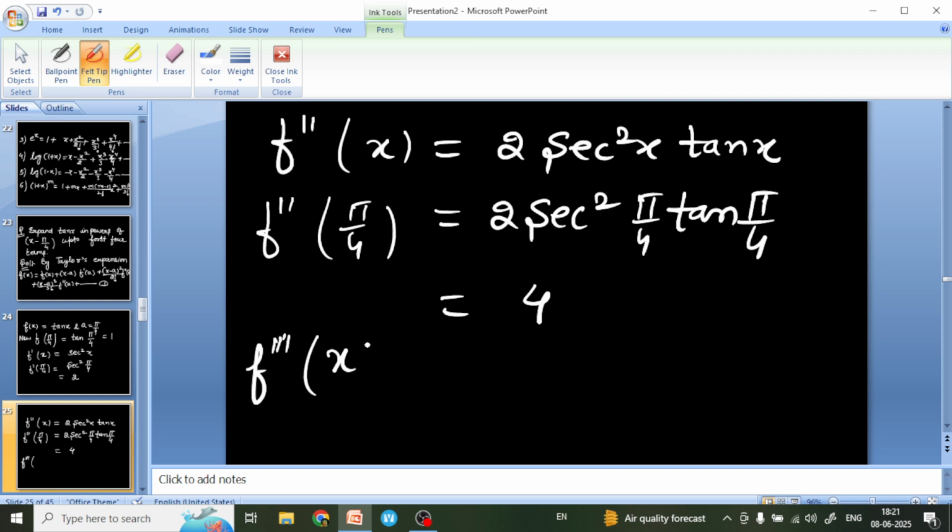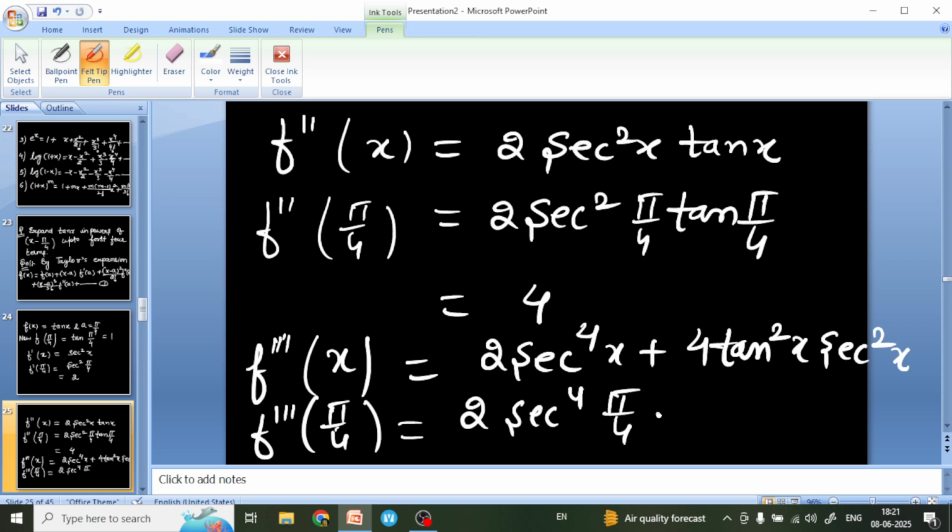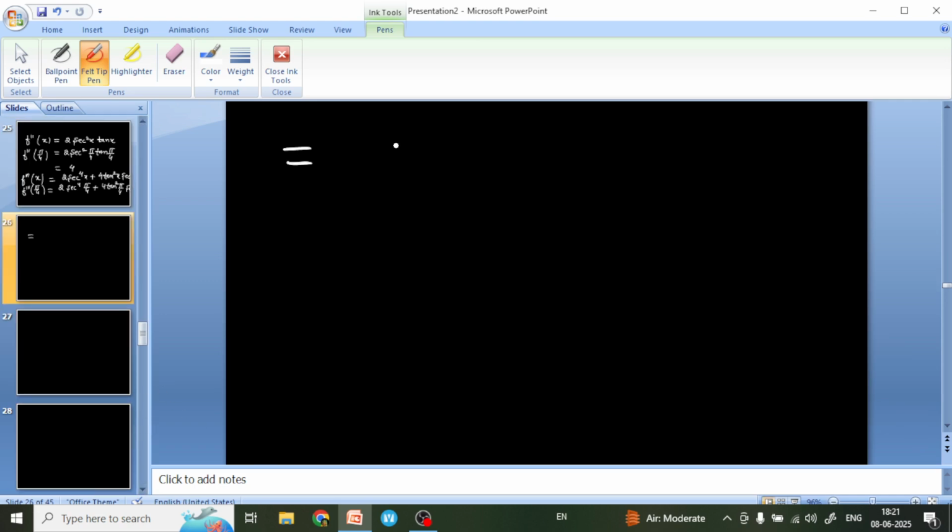Again next, f triple dash of x should be 2 secant power 4 x plus 4 tan square x secant square x, and when we solve it by substituting pi over 4, 2 secant power 4 pi over 4 plus 4 tan square pi over 4 secant square pi over 4, after that, when we solve, it will be equal to 16.